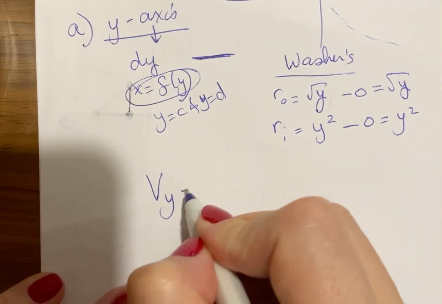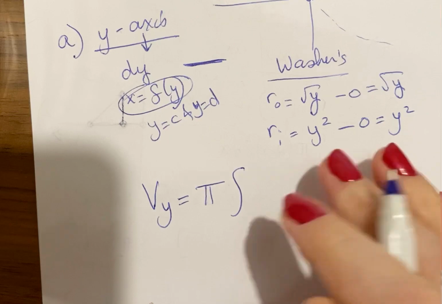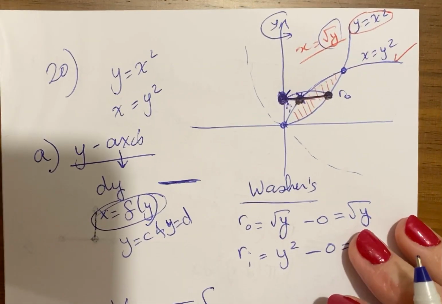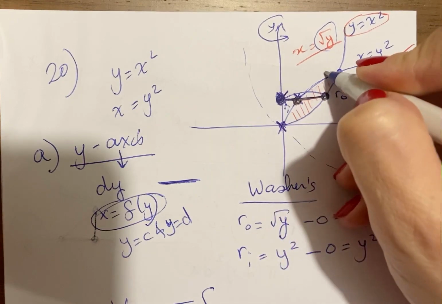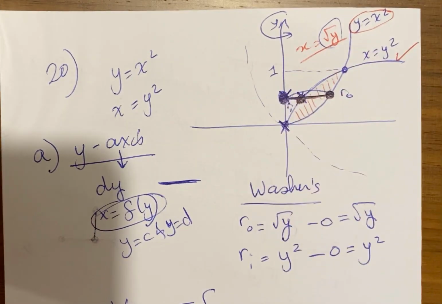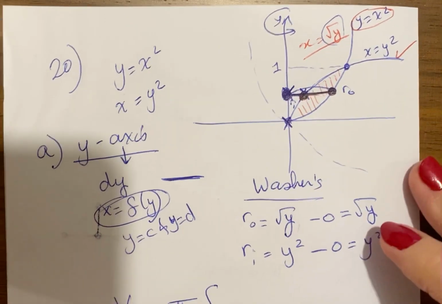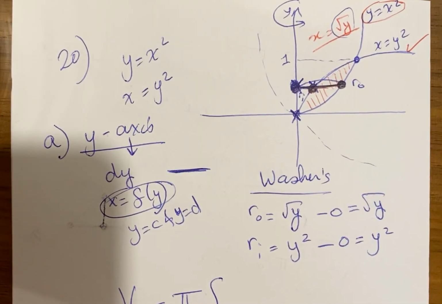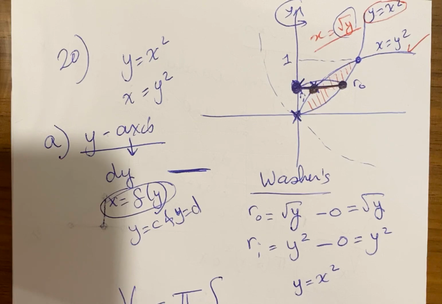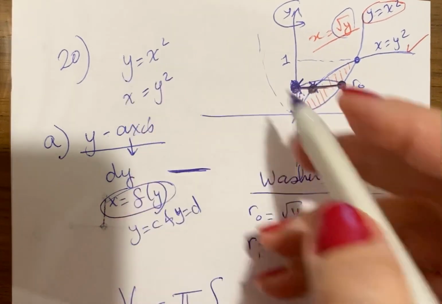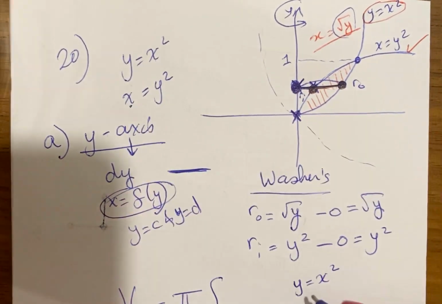So Vy will be equal to pi taken as a common factor. The integral from where to where, where is this y going? It's going from 0 to this point of intersection here. What is the point of intersection? How do I find it? I put y equals x squared. The other function has x equals y squared.